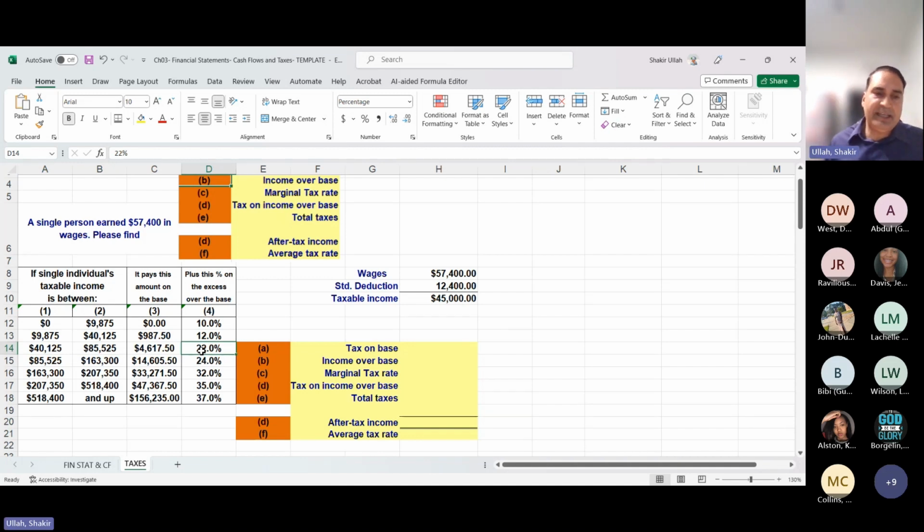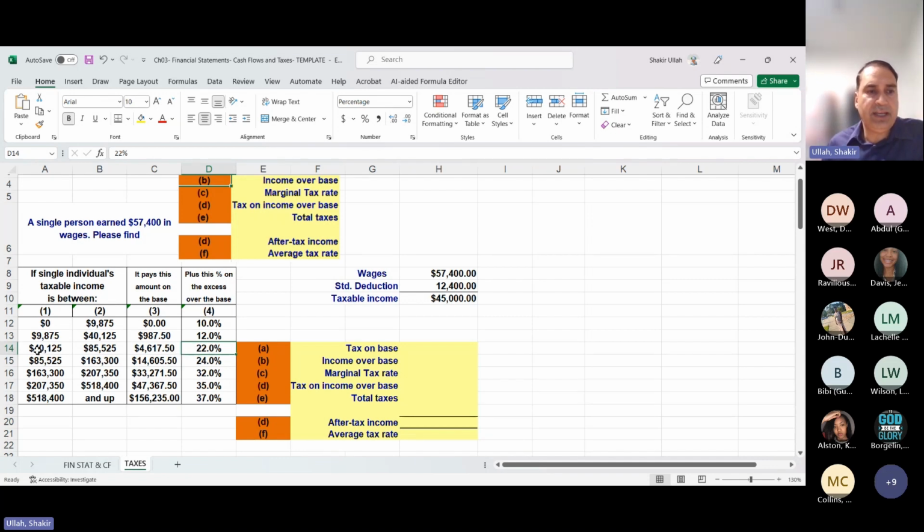Okay, so that means it is increasing in chunks. On the lowest income, you pay 10%. Then if you go to the next bracket, you pay 12% on the extra income in that bracket, and then 22% on the next bracket, and then it goes on. So these rates are what we call the marginal tax rate.